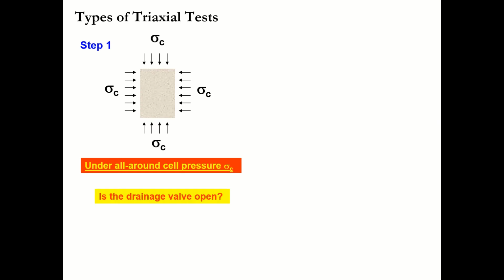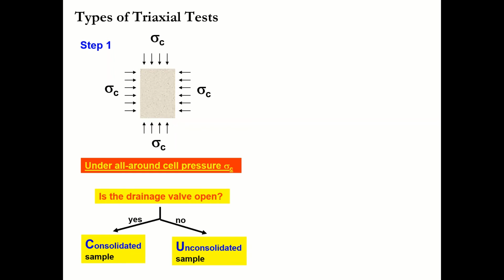Here, one thing: we are simulating the field condition in 2 phases. One is the application of all-around cell pressure and the other is the loading phase. In both phases, we can keep our drainage valve open or we can keep that valve closed. Depending on that, we can classify the triaxial test into three groups.